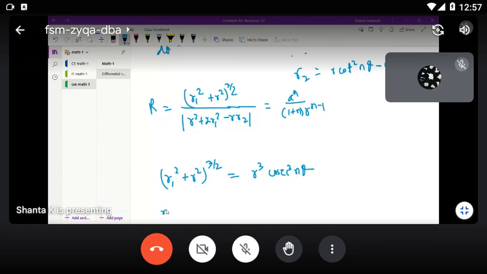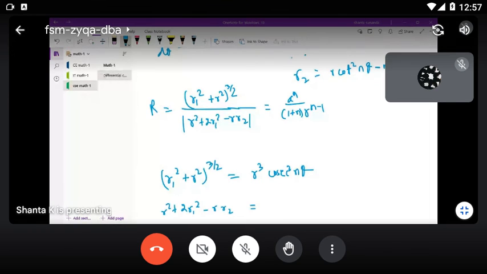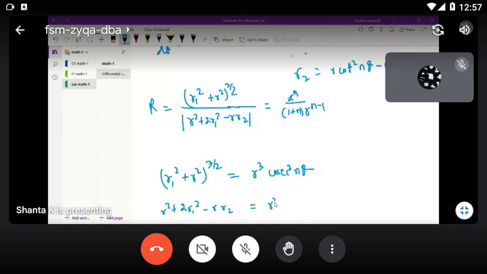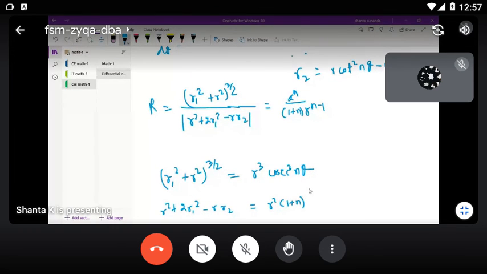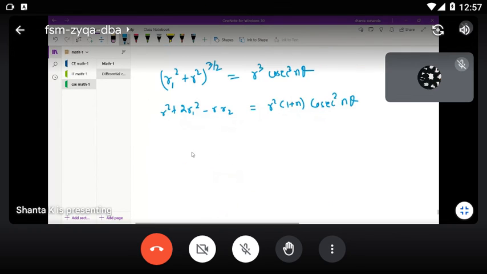And the denominator term is r squared into 1 plus n, then we have cosec square n theta. Okay.